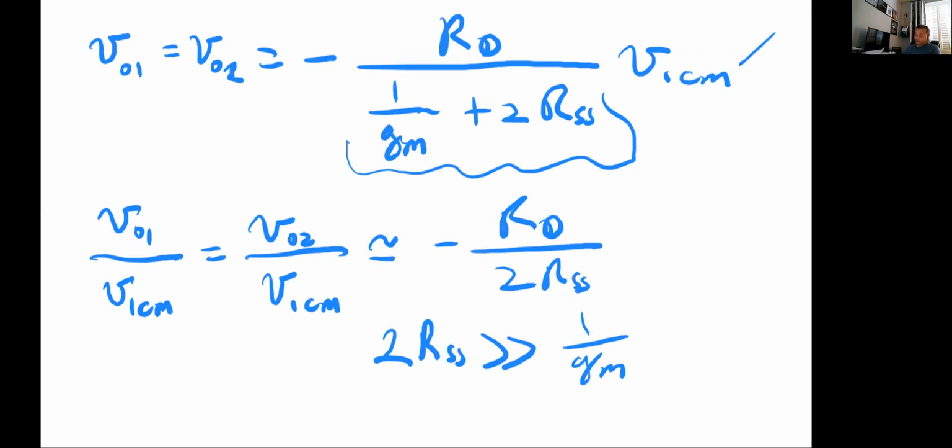So we see what the actual common mode gains are. These are not differential gains, these are common mode gains for each of the outputs, and it's this expression over here, and it's negative because each half by itself is a negative amplifier.